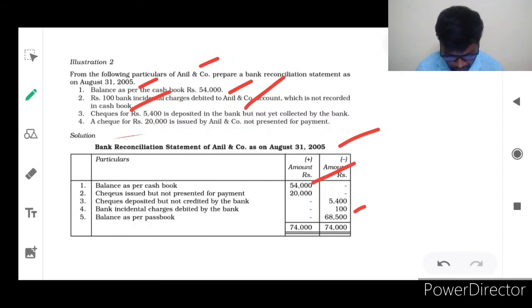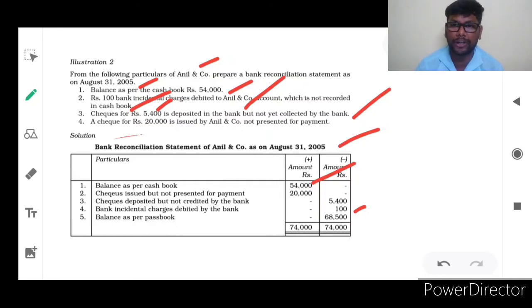Then a check for rupees 5,400 is deposited in the bank but not yet collected by the bank. So you deposited a check of rupees 5,400. As soon as you deposit a check, you enter it on the debit side of your cash book, the receipt side, in the bank column: 5,400. Can you follow me? Can you understand what I am saying?